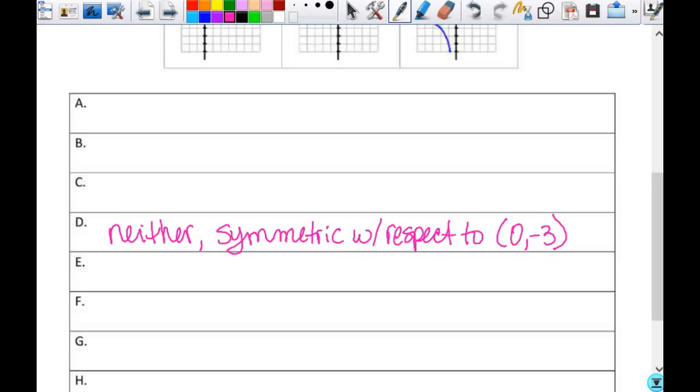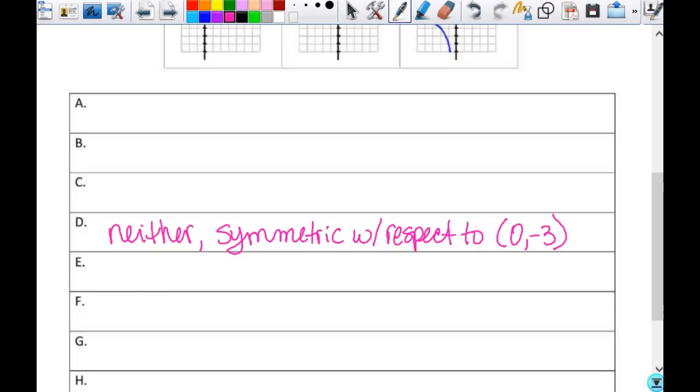Why can't I put y equals -3? Because it's not a line. The y value is -3, but if I put that it's symmetric with respect to y equals -3, that's a line, and it's not symmetric with respect to a line. It has point symmetry, and this is the point that it's symmetric with respect to. It just doesn't have origin symmetry. We all go with that?